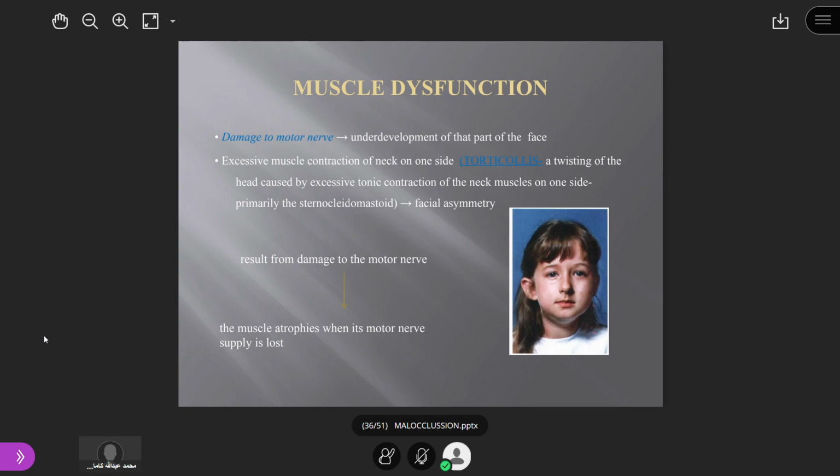So the disease is facial asymmetry. And what could be the cause? The cause is muscular dysfunction. The muscular dysfunction comes from damage to the motor nerve, and the muscle atrophies when the motor nerve supply is lost.